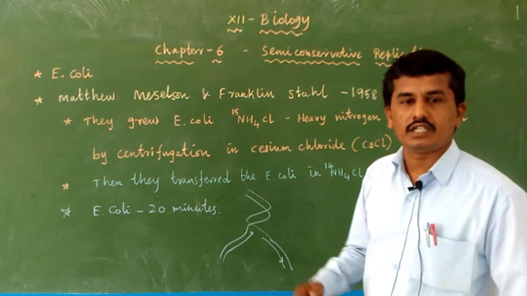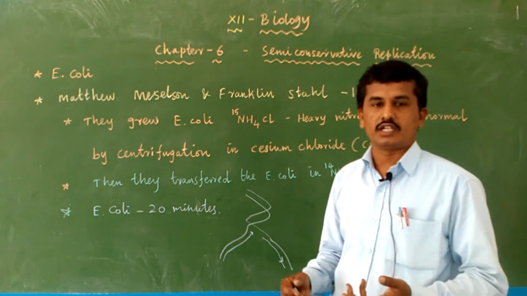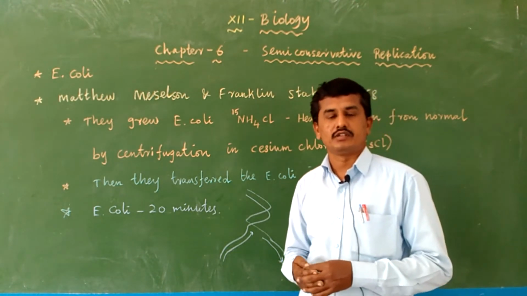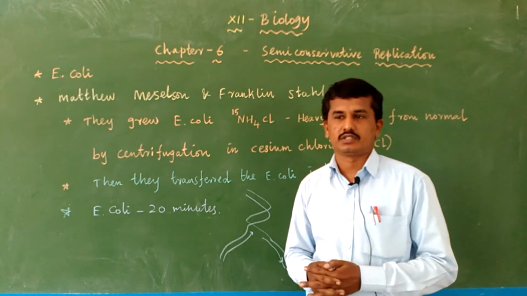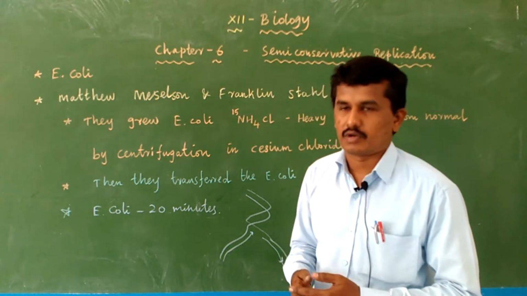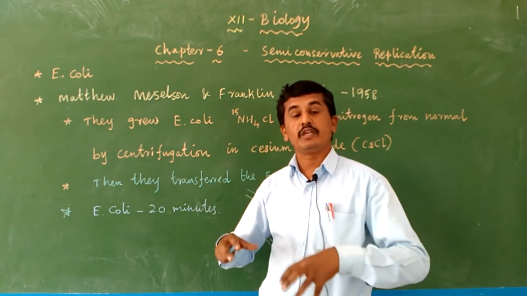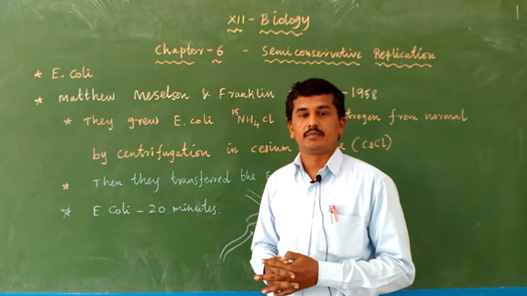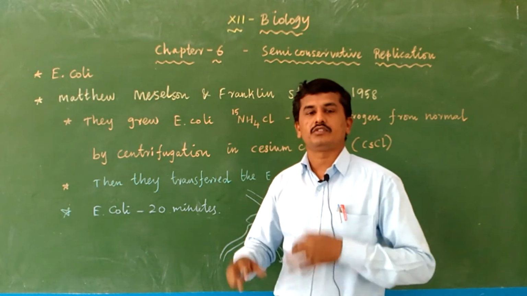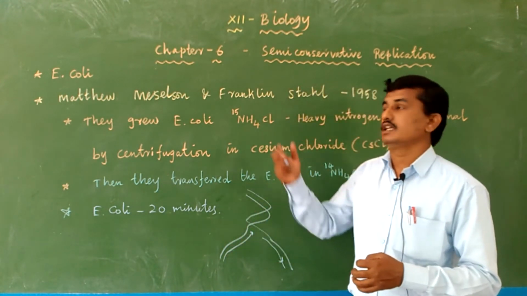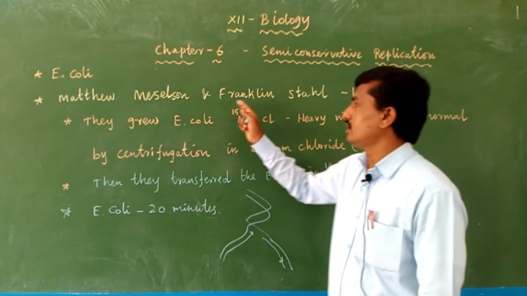Around 1953 only the DNA replication procedure was proposed. Watson and Crick, James Watson and Francis Crick, formed a replication model, and it provided a procedure for replication. But that replication takes place semi-conservatively is a concept explained and experimentally verified by Matthew Meselson and Franklin Stahl.